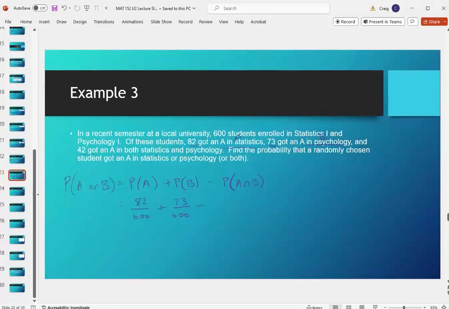If we want to subtract away the probability of both, 42 got both, so we would subtract away 42. That will give you, if you add up all of these values, 113 over 600, or 0.188. Should be 2 eighths at the end. So 18.8% got either an A in statistics or an A in psychology.